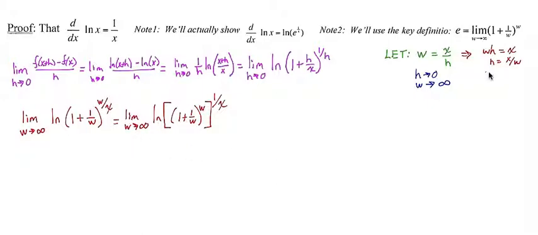And now here, what I've done is this algebraic manipulation to get this in here, right? So we've got the limit as w approaches infinity of this here, right? And as w approaches infinity, this in here is e, right? So let me just make a little note for ourselves, right?